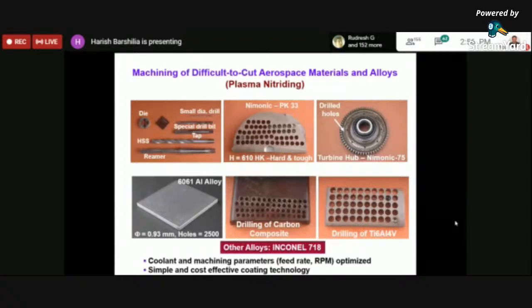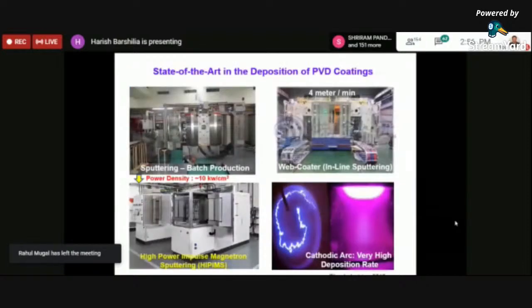The other problem in conventional machining is that the surface roughness is sometimes not very good if your tool is not very sharp. But all these problems are sorted out if you apply a very thin coating on these tools and then do the machining. Now the question arises of how to upscale these things.